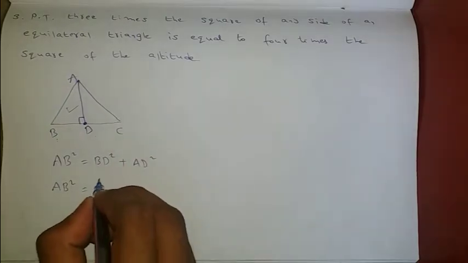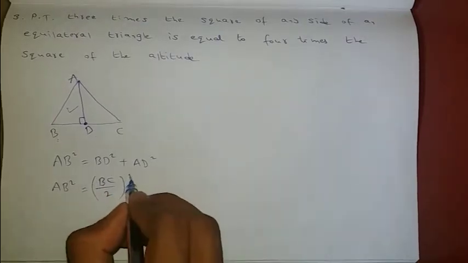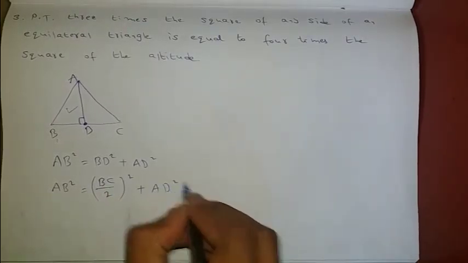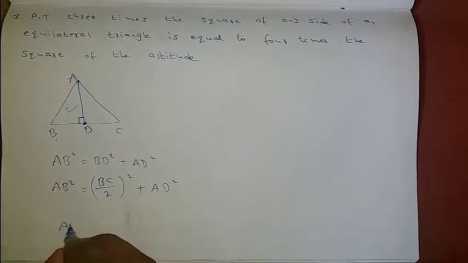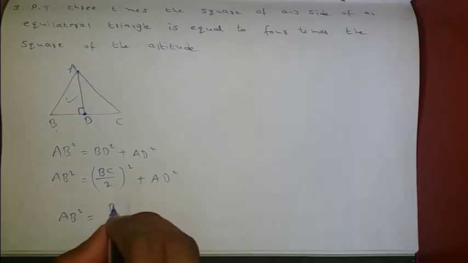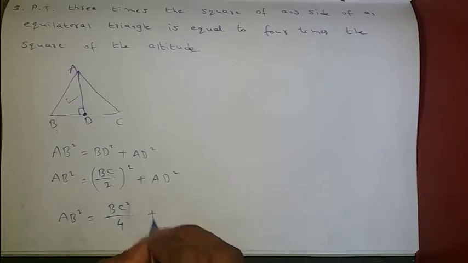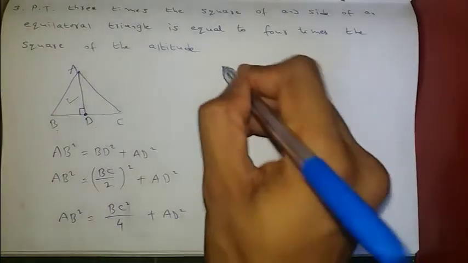So in the place of BD, I will write BC by 2 whole square plus AD square. AB square is equal to BC by 2 whole square, which is nothing but BC square by 4, plus AD square.